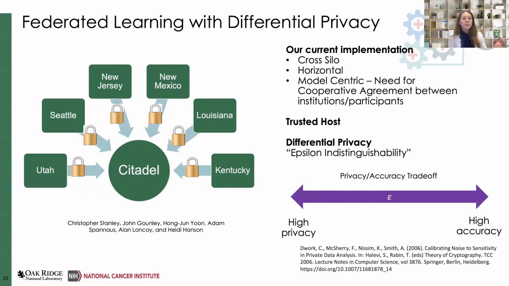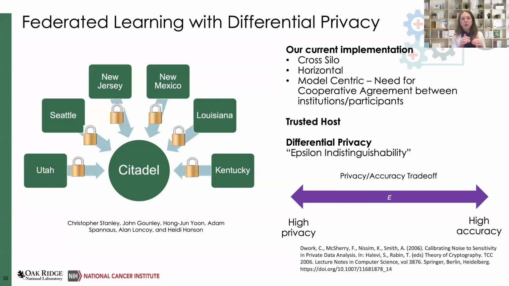So under this plan with federated learning, the benefit would be that each one of the centers or institutions would not have to share data, but data would be able to be kept in a secure silo that doesn't have to speak to any of the other data. And the model could be trained using the data in those silos.